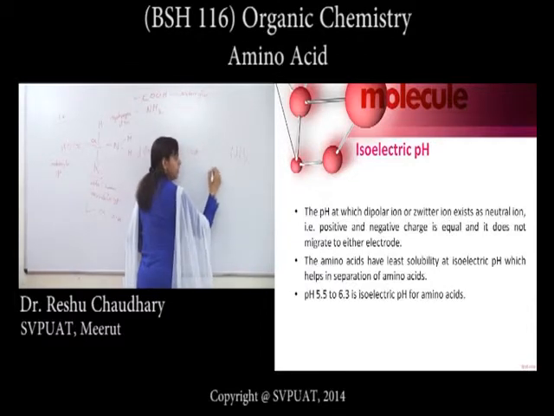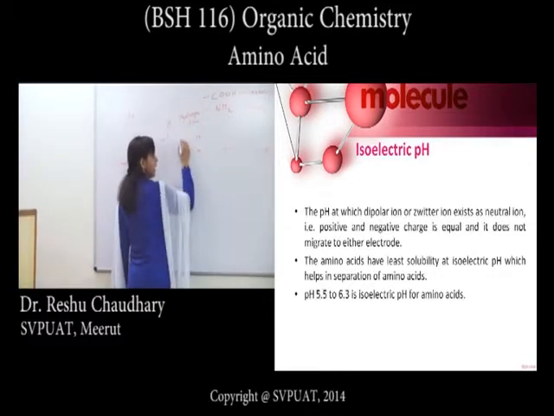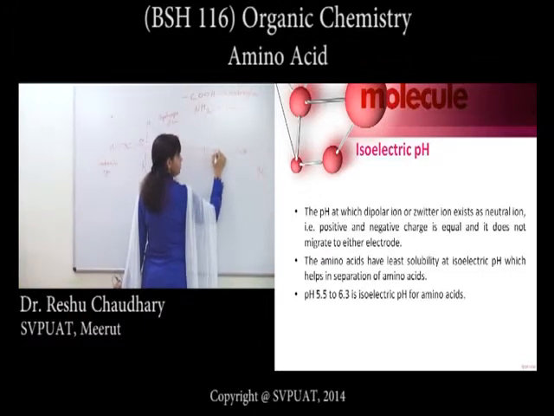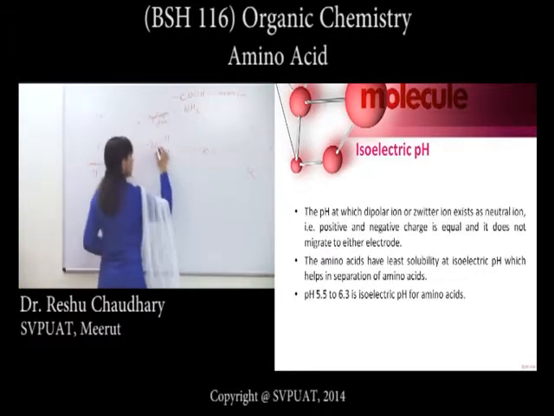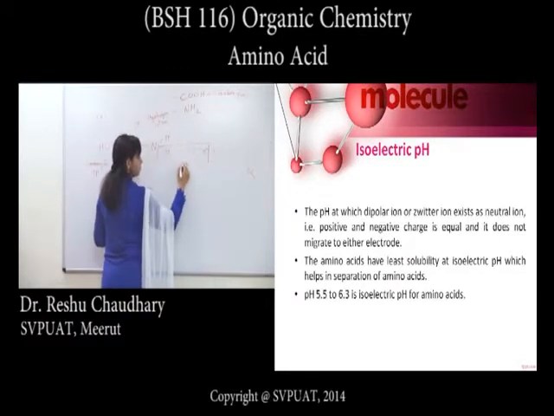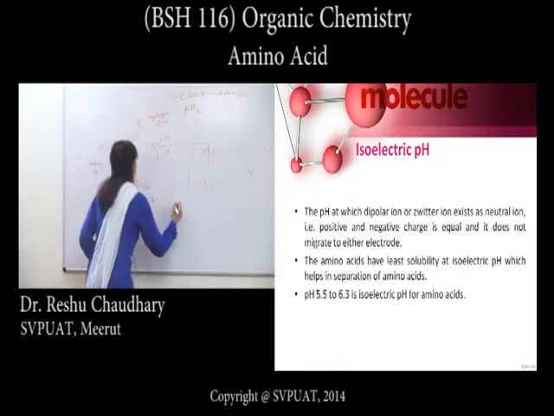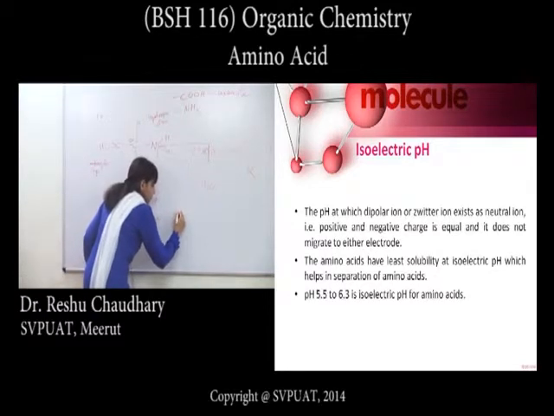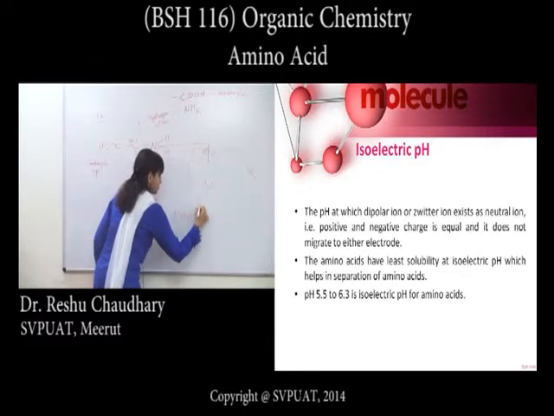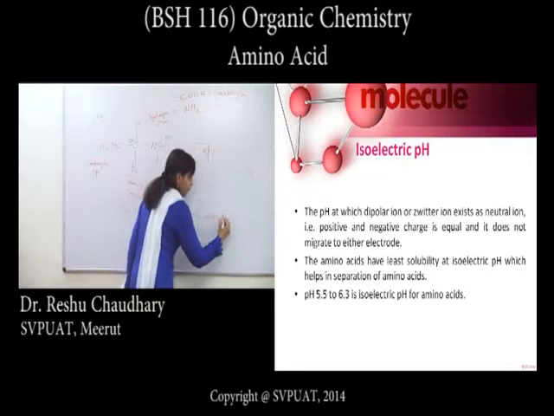This is one amino acid, and when it reacts with another, it gives one water molecule. One water molecule will be out, and one peptide bond forms.